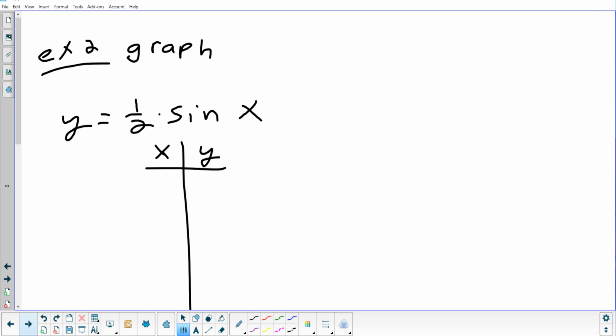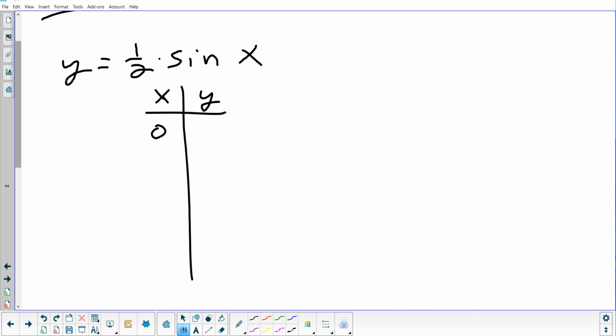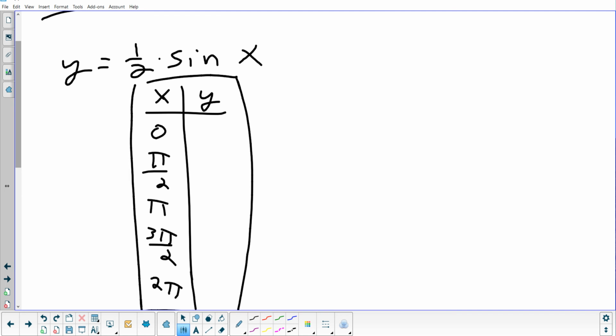Tyler, what values did we just say stay the same when you stretch vertically? The x values. Yep, so we can write those down. And by the end of today, hopefully, you start to remember what those are. And now, Cameron, what are my original y values for sine? 1, 0, negative 1, 0, 1.